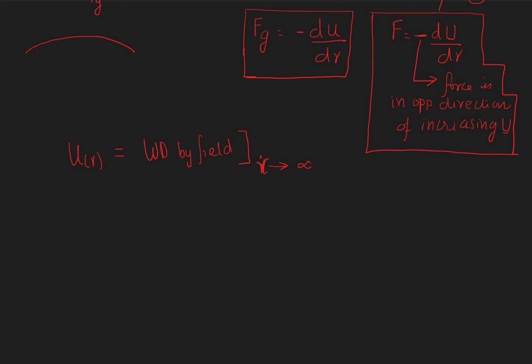So in this case, if you have Earth, and a ball at the radius r from the center of the Earth, your U at that distance r is the work done in moving this ball by the field from r to infinity.